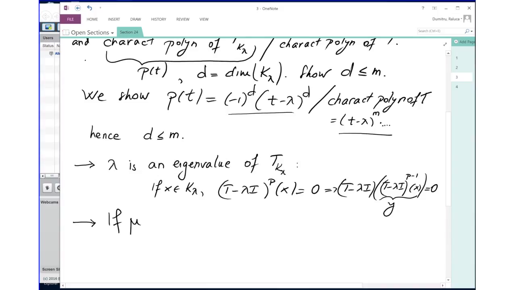So if mu, let's say, would be another factor in that polynomial, then mu is another eigenvalue for the restriction.